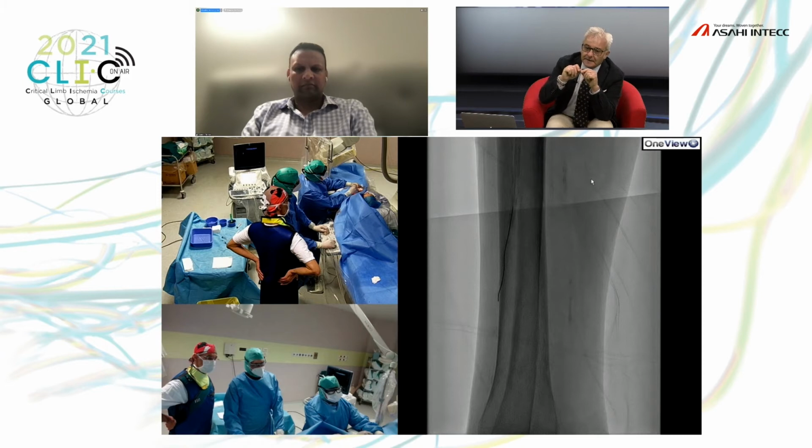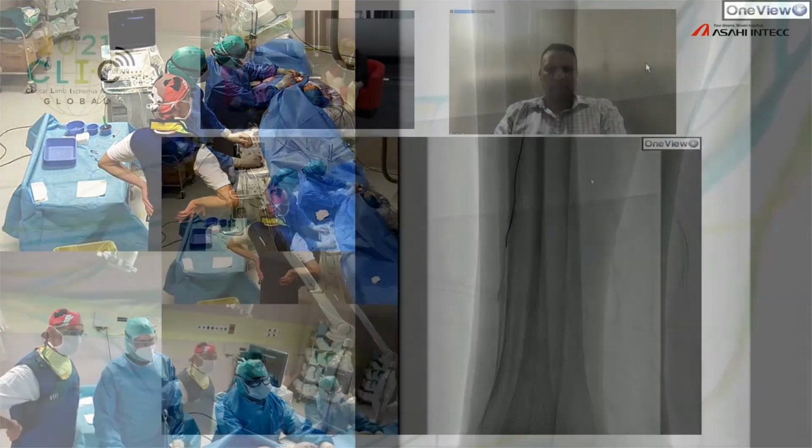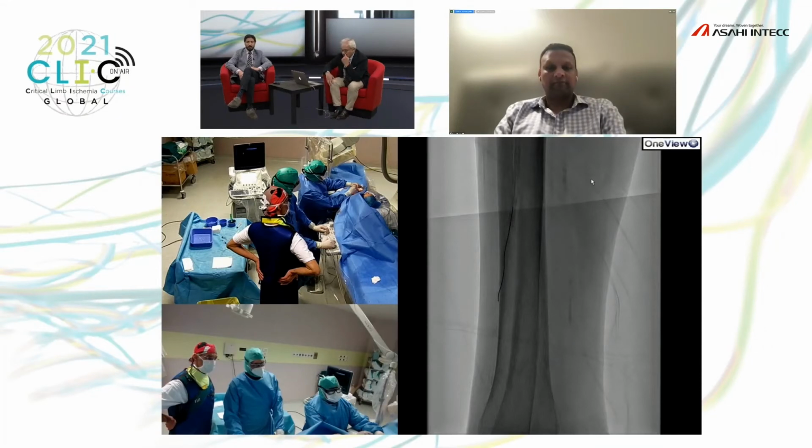So I could not really have the impression of a tip entrapped. It was quite easy to retrieve the wire with very little resistance. This could be related to the coiling, to the construction of the wire, and probably to the pre-shaped bend, which is not made by us. But it's always possible to create a second curve if we want in this wire.